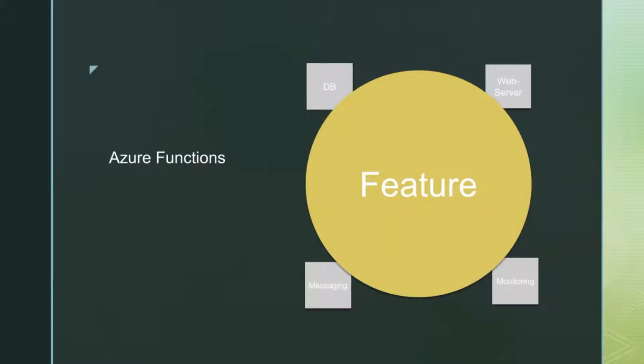It all starts with platform as a service and then goes on to function as a service as a subpart of this. So Azure Functions says, instead of writing the whole application, I just want to focus on the code that I want to use. You don't have to worry about connecting to databases, setting up a web server, messaging and monitoring. This is all provided for you.